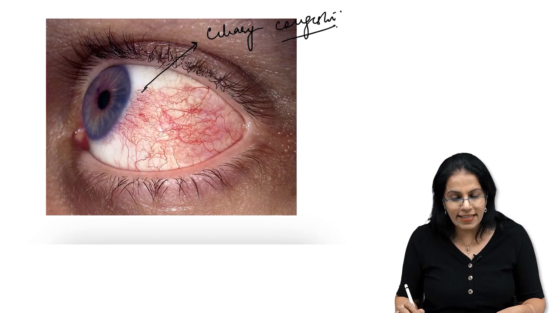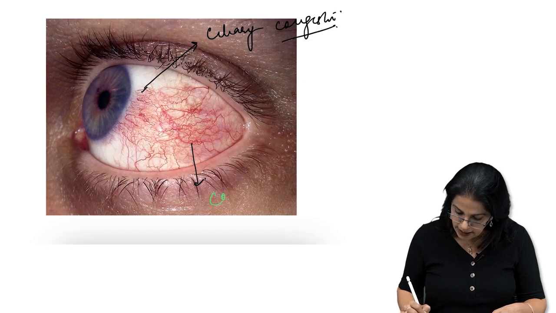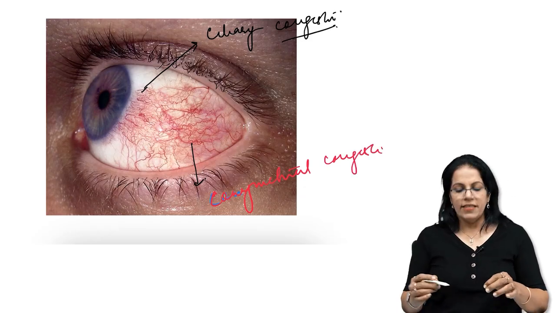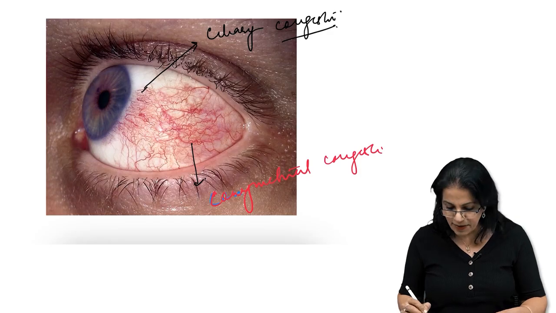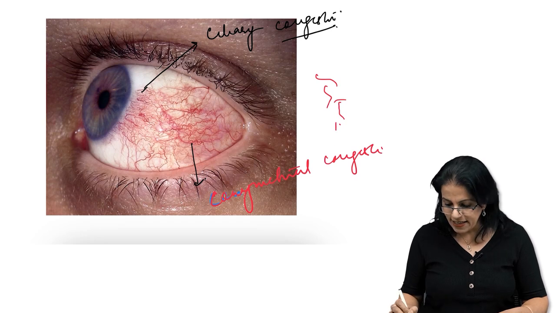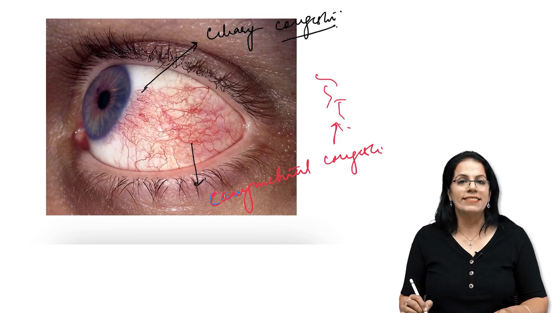This is your ciliary congestion, and coming to what are these? Can you see these are branched, right? And this one is what is called conjunctival congestion. So this is your conjunctival congestion. So what are the differences that you see? These are straight blood vessels, these are mainly branched like this, right? These are branched. This is conjunctival. These are more along the limbus, these are away from the limbus, right?